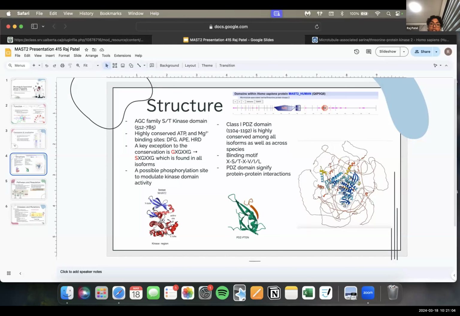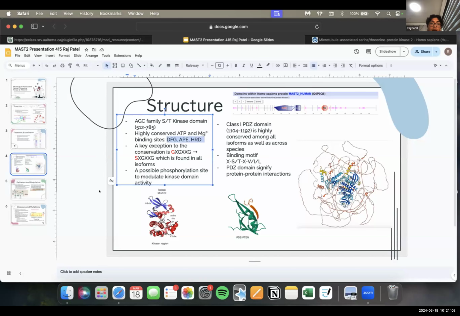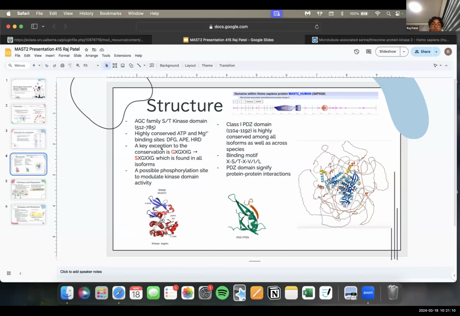It has highly conserved ATP and magnesium binding sites, and a key exception to this conservation of the overall AGC kinase is that this polyglycine loop is actually converted to a serine at the first glycine here, which is found in all isoforms. And so phosphorylation of this, which is present in MAST2, will modulate the kinase domain activity, which is this over here.